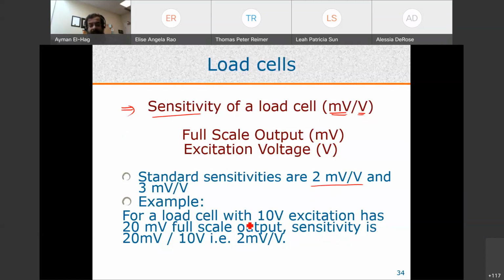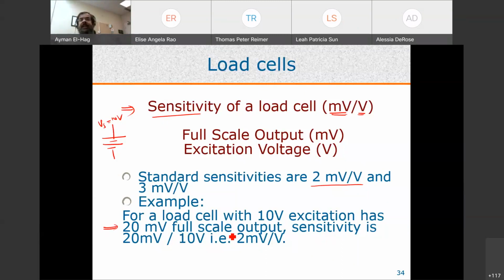For example, if a load cell has 10 volt excitation, it means that your Vs that you connected to the strain gauge Wheatstone bridge arrangement is equal to 10 volt. And when you apply the maximum stress, you are getting 20 millivolts. So this is your full scale output. This is because for every load cell, there is a maximum force you can apply.